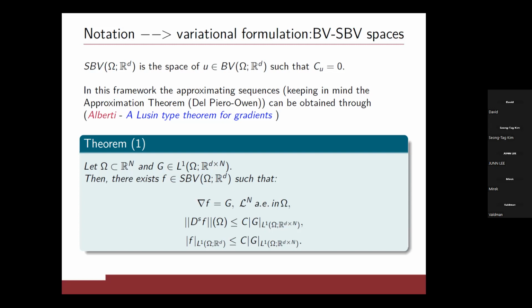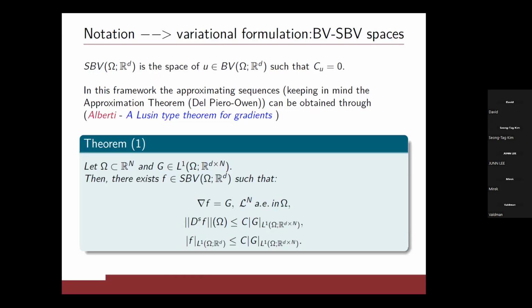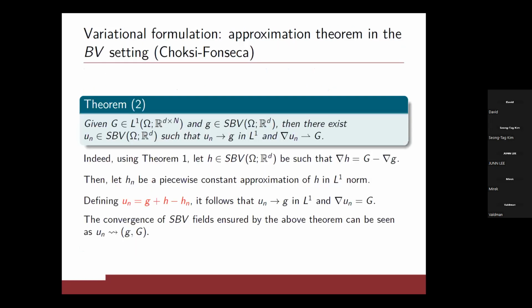And the crucial tool to prove that is this result by Alberti, a well-known result from last century, which essentially says that whenever you take an L1 field, this field can always be considered to be the absolutely continuous part of the distributional derivative of a BV field F. And also, for what concerns the singular part of your derivative, what here I'm denoting by D^sF, this can be controlled by the L1 norm of your field capital G, and the same holds for the L1 norm of F itself.